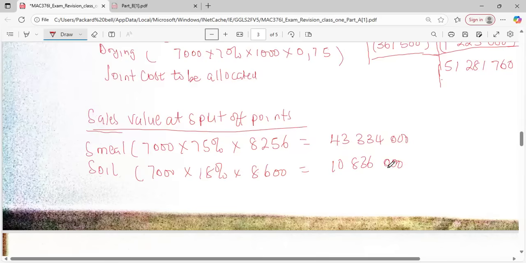So which means now, I would always prefer a total here. Let's have a total. Remember, when we allocate, we also use the total. So what is going to be the total for the sales value at split off point? 54,170.